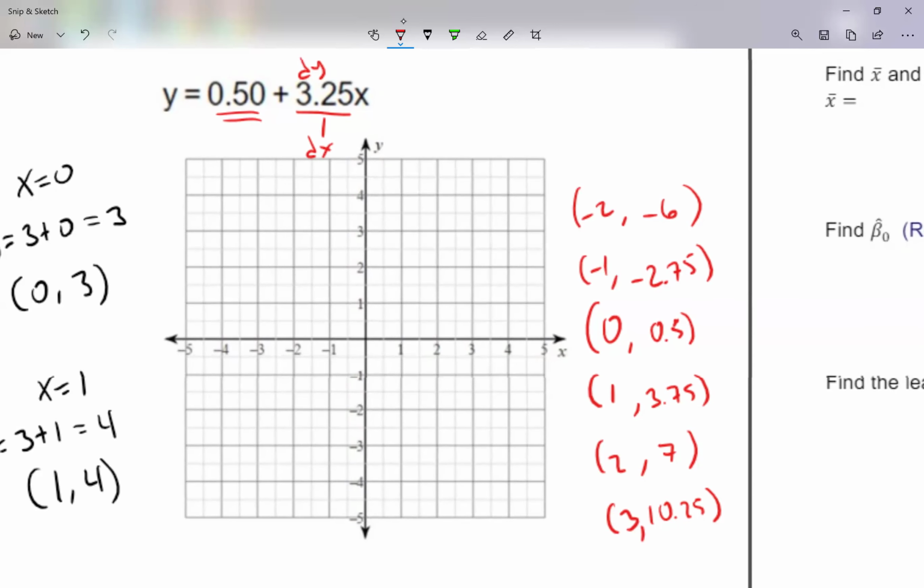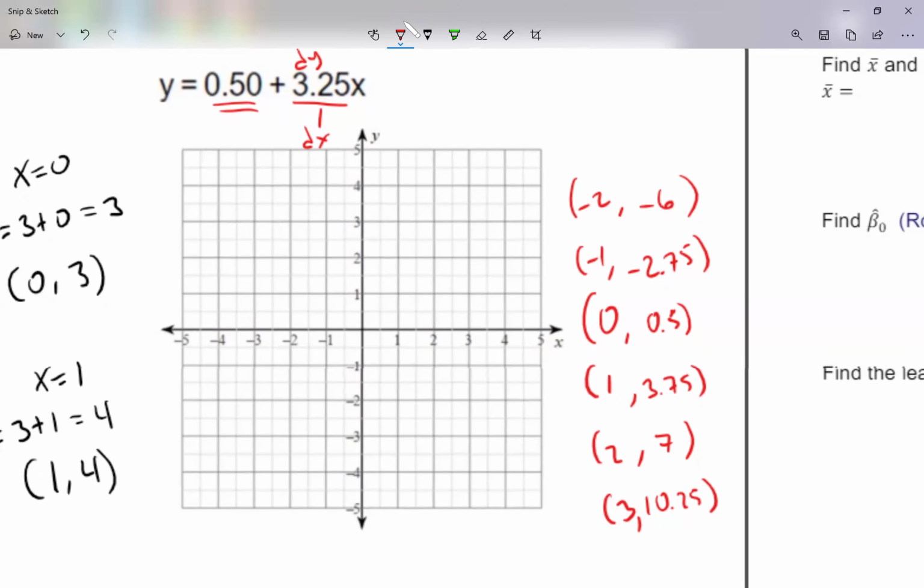Can you plug in any of those points? Negative 2, negative 6. Nope, doesn't go in there. Negative 1, negative 2.75. Yeah, I see my -1 on the x. Now my y. Where is negative 2.75? I see that's -2, that's -2.5, that's -3.